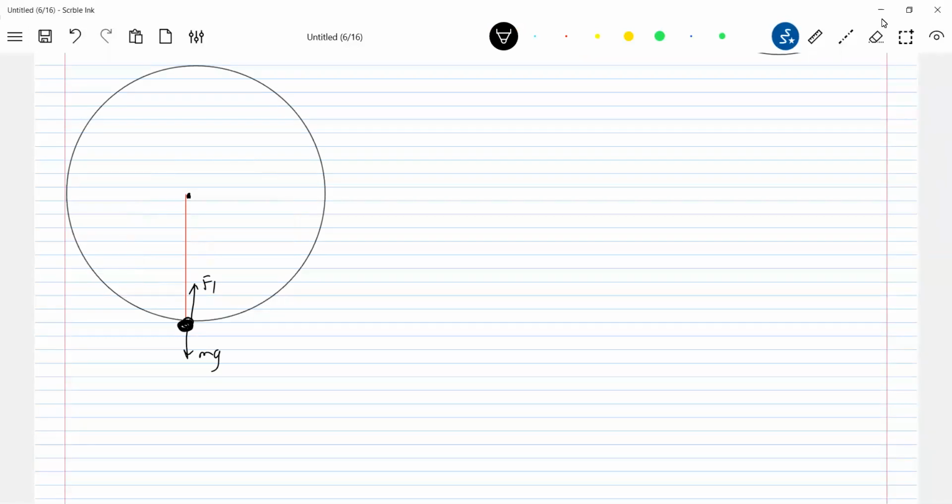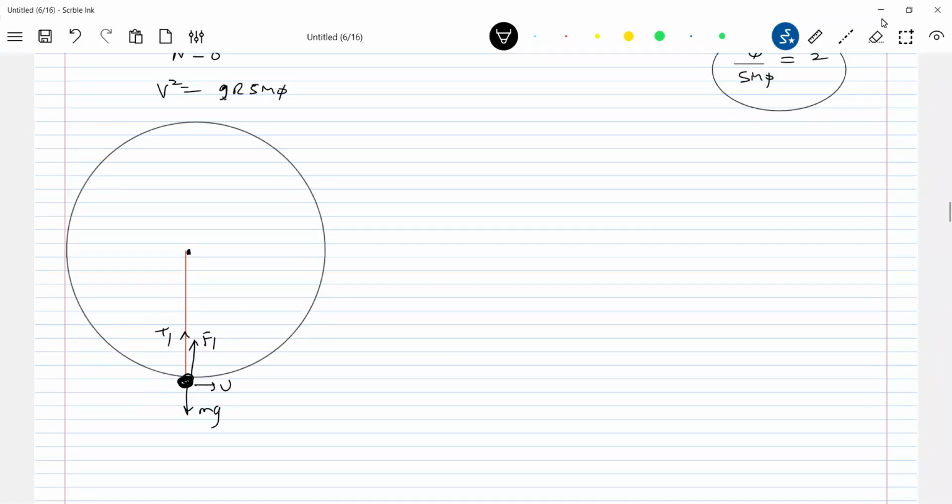Let me call that force F, and here let it be tension. I'll give velocity. Then if F1 is such that the tension will be 0 here, like this. So when it reaches the highest point, the force will be acting always vertically up.